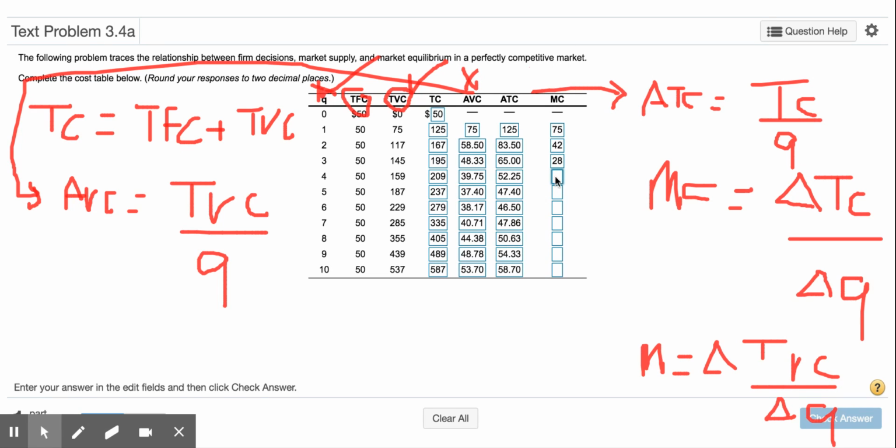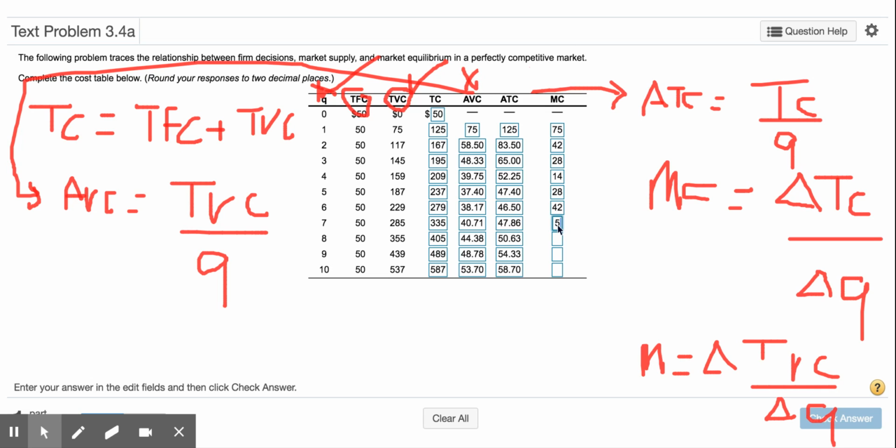So 159 minus 145, I got 14. Then 28, 42. So when we move from 6 to 7, total variable cost increases by 56.